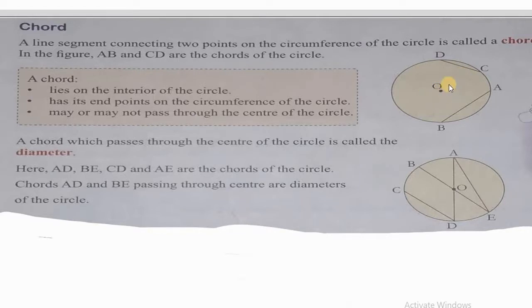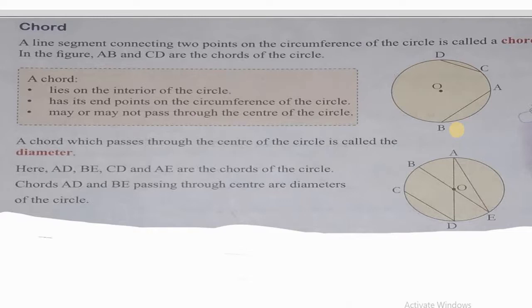But if it touched the center, it would be called a diameter. AB is also not touching the center, but its endpoints are touching the circumference. So a chord lies in the interior of a circle. It has its endpoints on the circumference and may or may not pass through the center. So even a diameter is a chord.